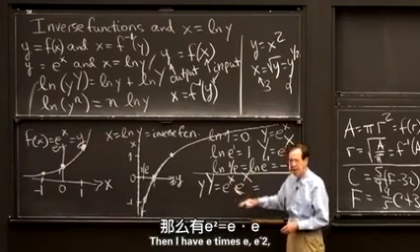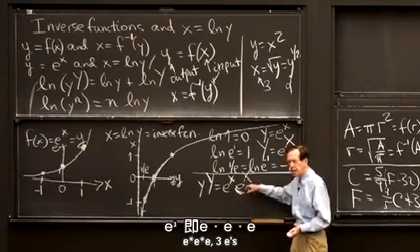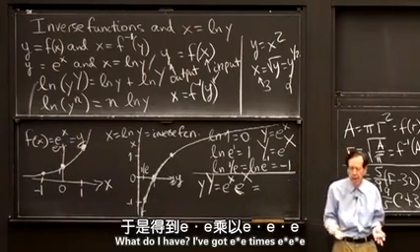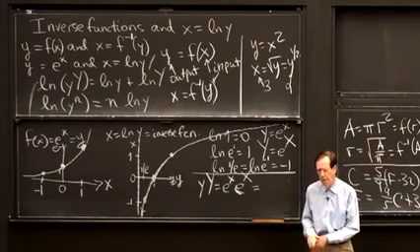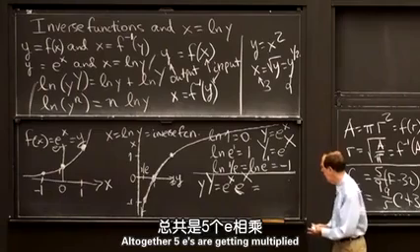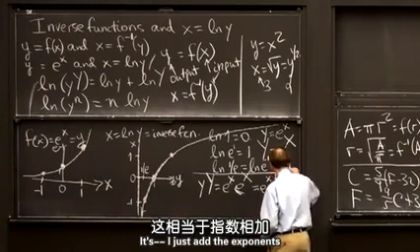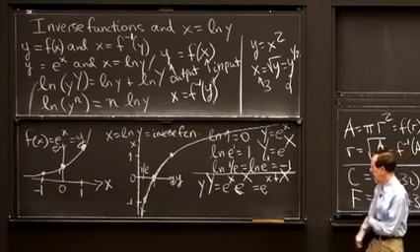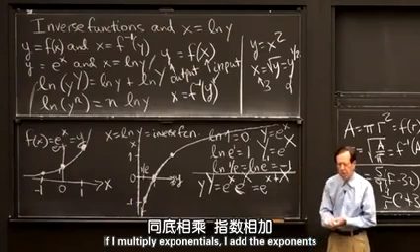Then I have e squared times e cubed, multiplying 5 e's altogether. I just add the exponents. That's the big rule for the exponential. If I multiply exponentials, I add the exponents.